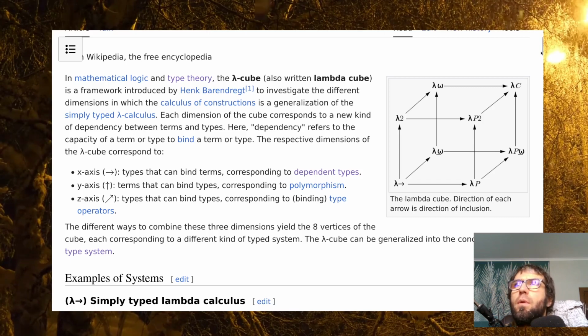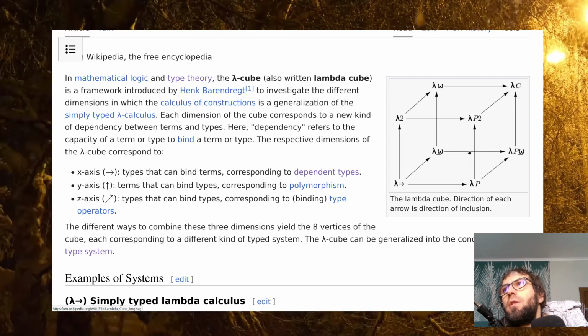And what is actually a predicate? A predicate can be seen as a proposition that depends on some object. You put some object there and you receive true or false. And you know that a proposition can be viewed as a type somehow.